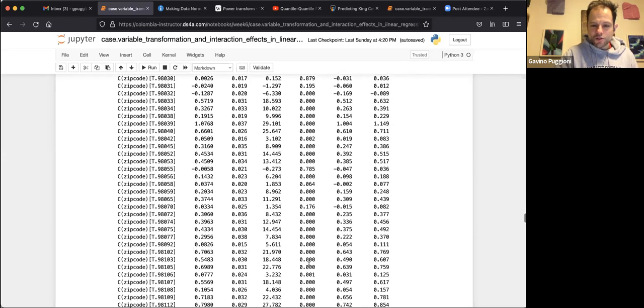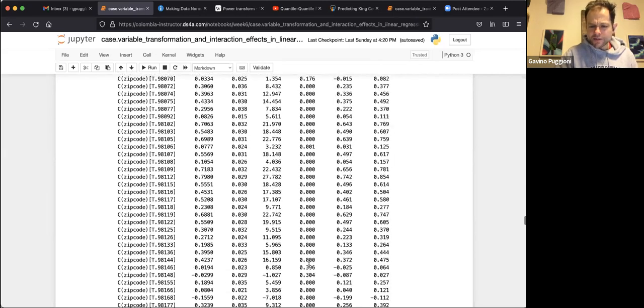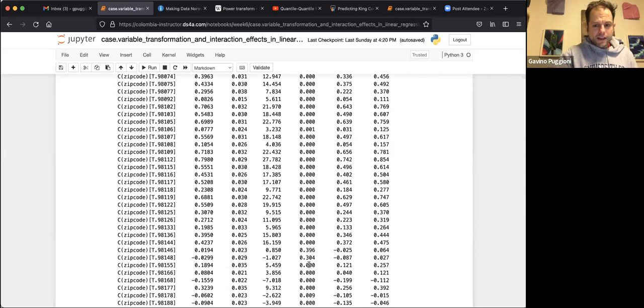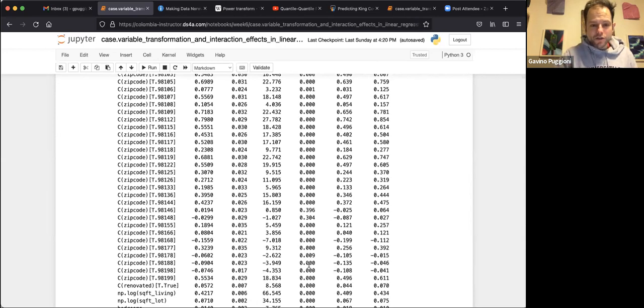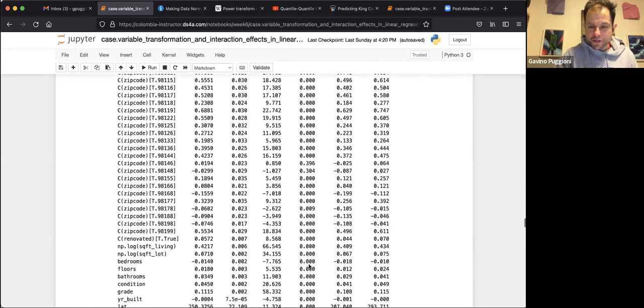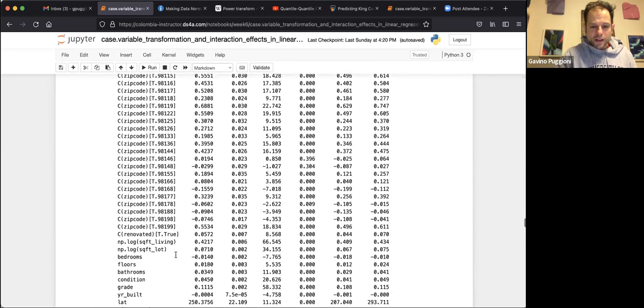All the zip codes seem to be different. And although we are all comparing to one of the zip codes, they definitely seem to provide a lot of information. Bedrooms is still negative. That hasn't changed, but be patient for that.